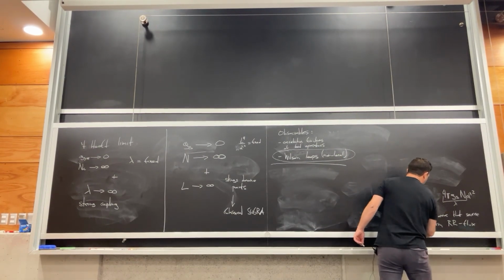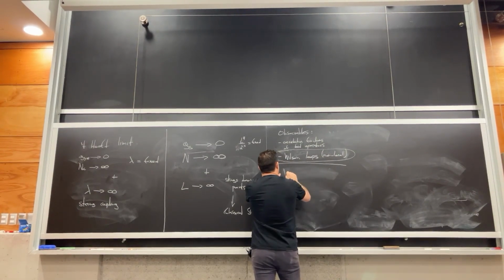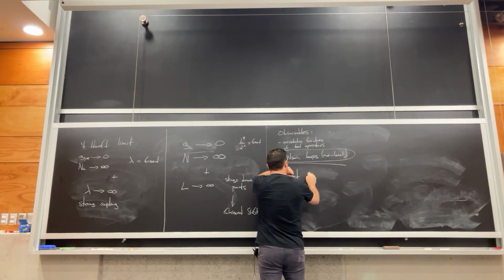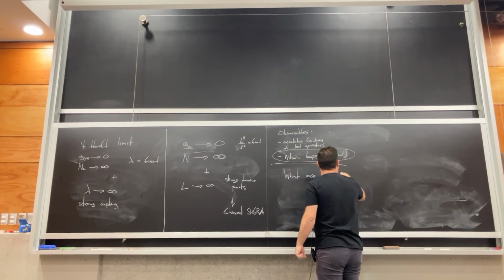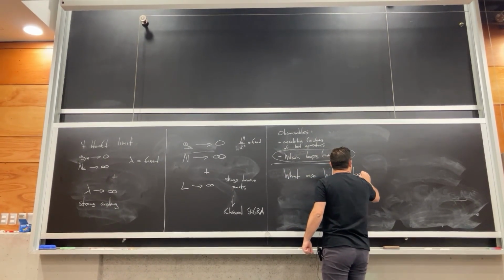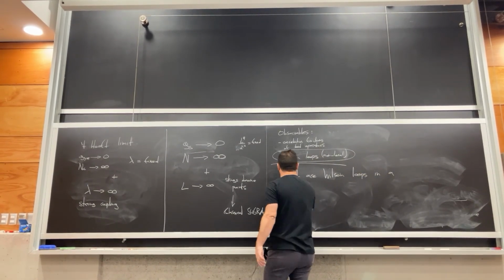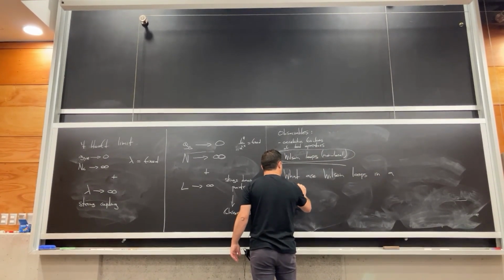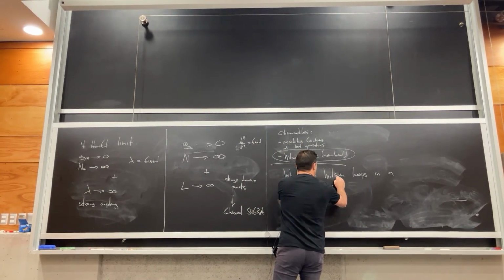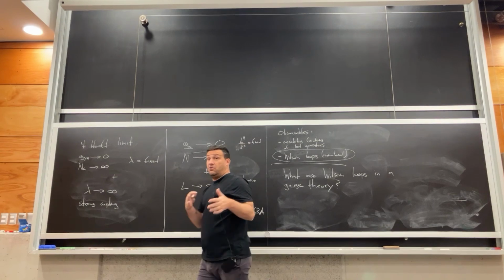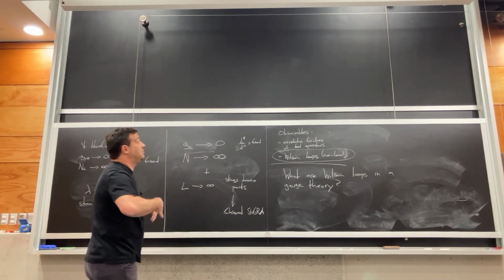So, what are Wilson loops? Here I'm going to assume that you already know more or less what a gauge theory is, and I'll just remind you of a few ingredients, but I don't have time to go over all of them.